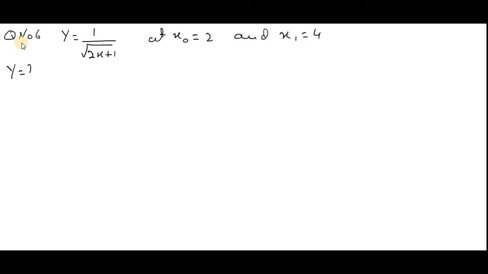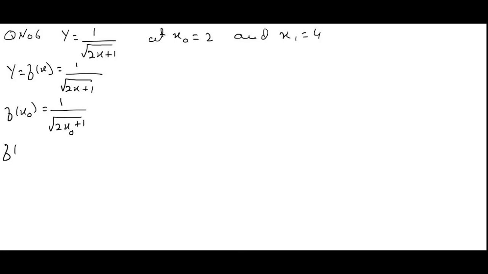Again, y is equal to f of x is equal to 1 over under root 2x plus 1, again replacing with x0 and x1 respectively in this function. f of x0 is equal to 1 over under root 2x0 plus 1. f of x1 is equal to 1 over under root 2x1 plus 1.